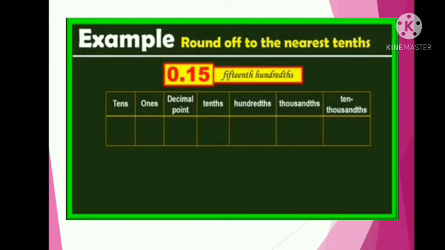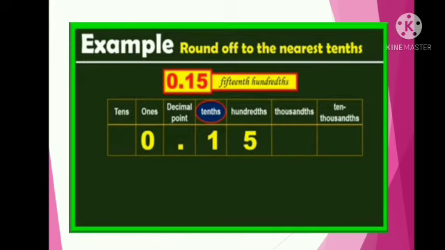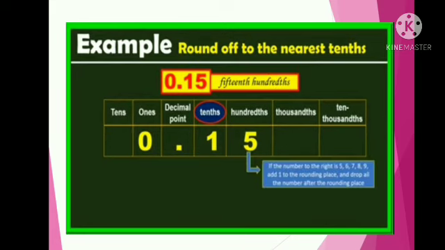Ito ay ang digit 1 at katabi nito ay 5 as you can see in our image. So based on our rules, if the number to the right is 5, 6, 7, 8, or 9, add 1 to the rounding place and drop all the numbers after the rounding place.